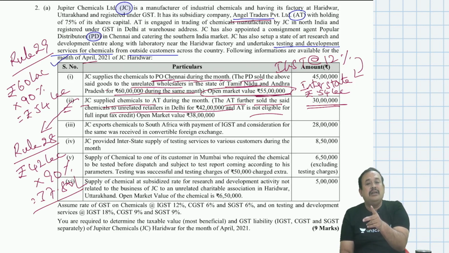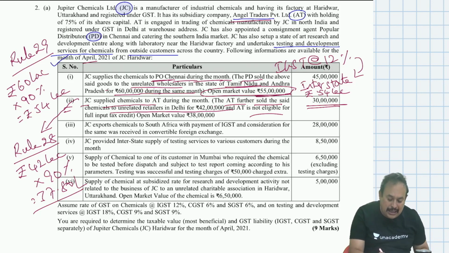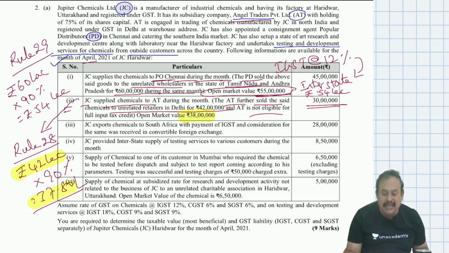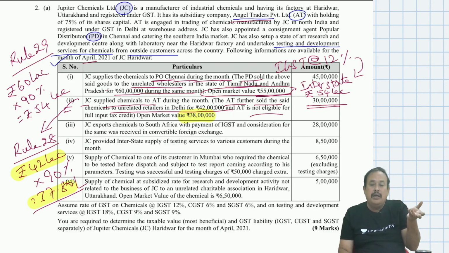supplier, namely 90% of the value at which the recipient supplies to non-related party. Here recipient 80, Angel Traders, supplying to non-related party at rupees 42 lakh, on which 90% is 37 lakh 80,000, or open market value 38 lakhs, which is beneficial, can be chosen by the supplier, namely Jupiter Chemicals.